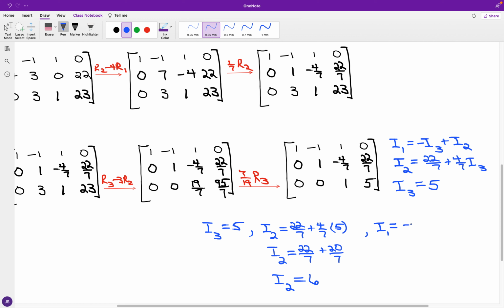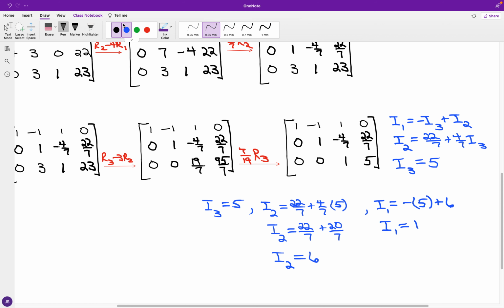And for I of 1, we have the negative of I of 3, so I have negative 5 plus I of 2, which is 6. And we have I of 1 is equal to 1.